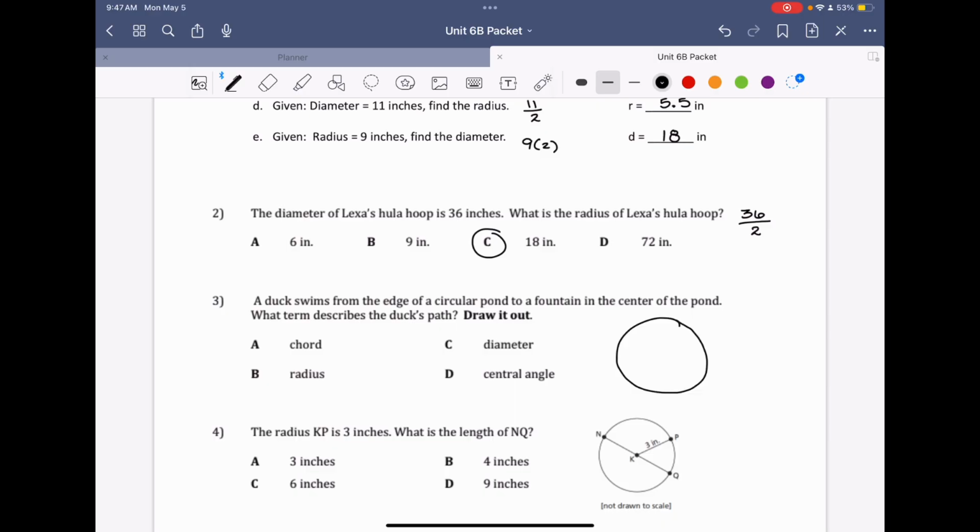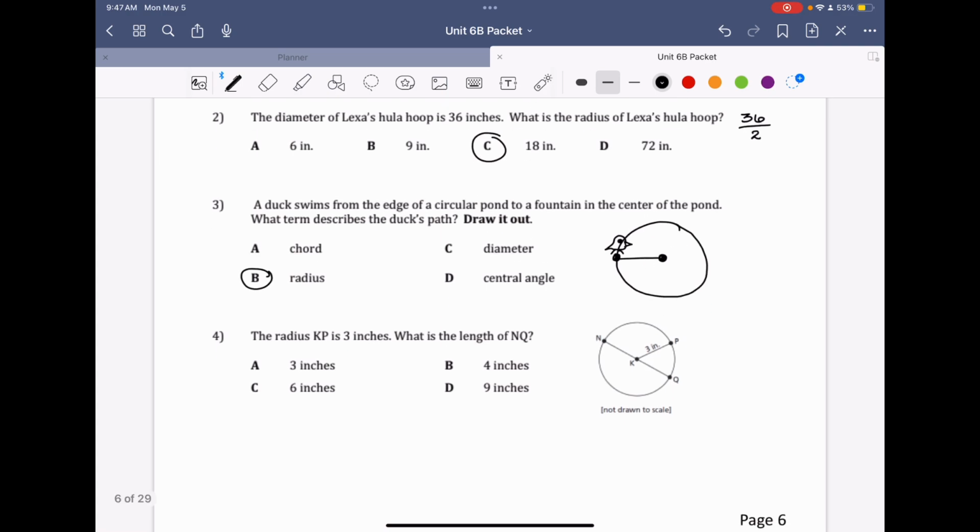So the duck swims from the edge of the pond. There's my duck. He's going to swim to the center of the pond. What term describes the duck's path? Well, edge to the center, that is the radius.